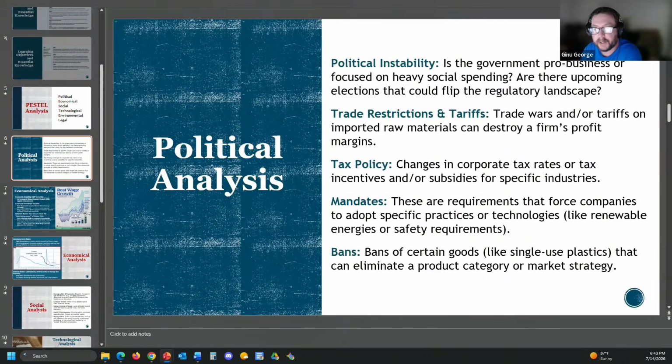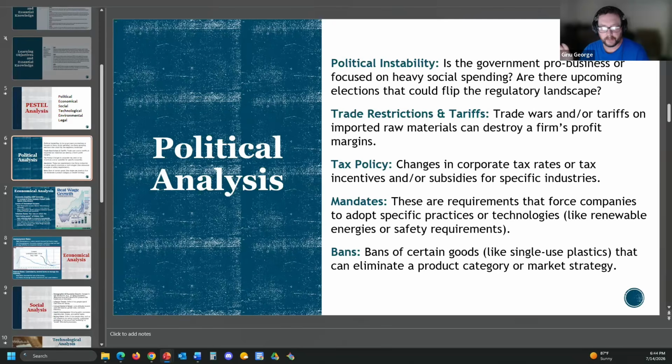Tax policy is another massive issue to deal with. Governments use taxes to fund themselves, but they also use them to create incentives or to disincentivize specific behaviors. We can think of examples of that as we go along, right? When you live in a more socialist leaning country, think of the Scandinavian countries, you see higher taxes.